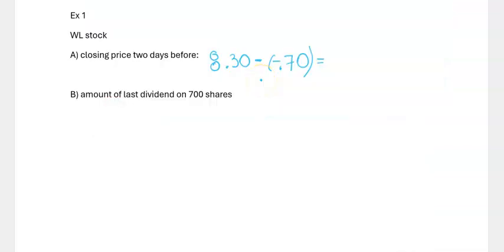So I wrote it up here, $8.30 minus -70 cents. What this means is, what's the difference between yesterday's price and the day before? And the difference you subtract, but you're subtracting a -70, so the two negatives cancel each other out. And then when you add them, because they're the same sign, you get $9. So $8.30 is 70 cents less than the $9 from the previous day.